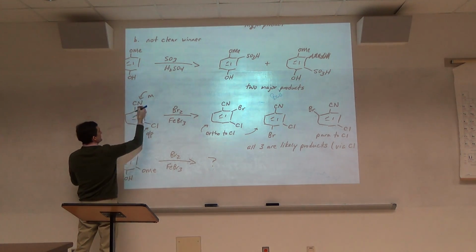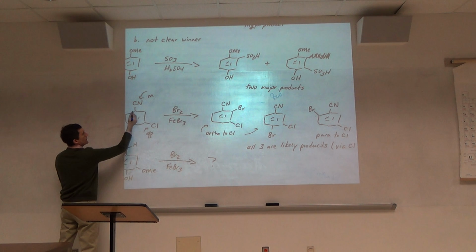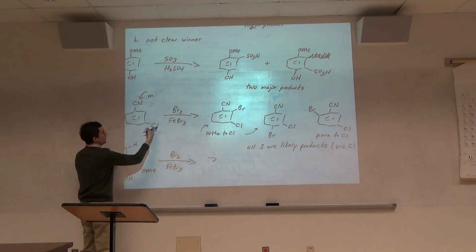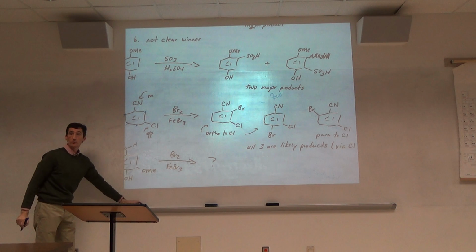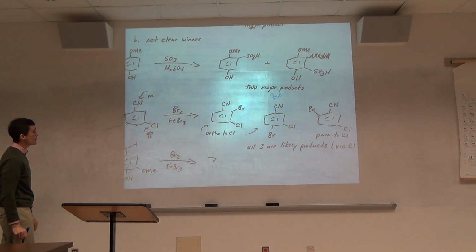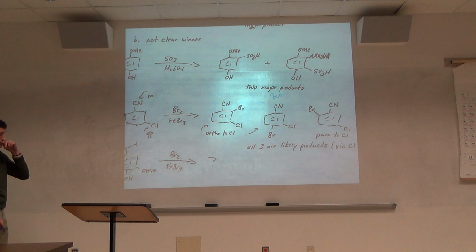it's a meta-director, so it's directing where? Here and here, that's blocked, so that's directing here. Ortho-para, ortho, and para. So the chlorine is directing those 3 places. Which one should direct, based on what was stated?